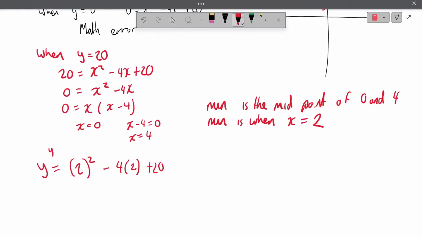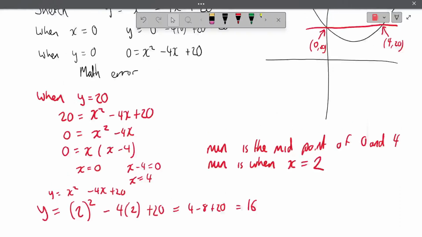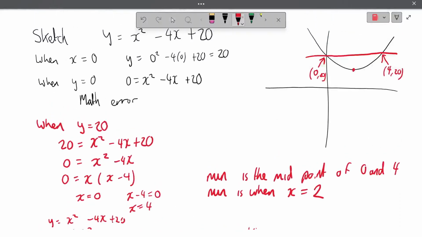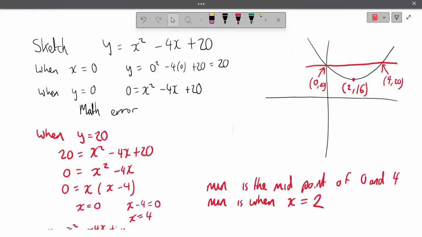So we have y equals x squared minus 4x plus 20. And if we plug that in a calculator, you get 4 minus 8 plus 20, which is 16. So this minimum point here is at (2, 16).